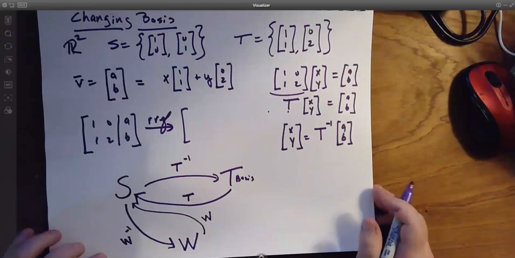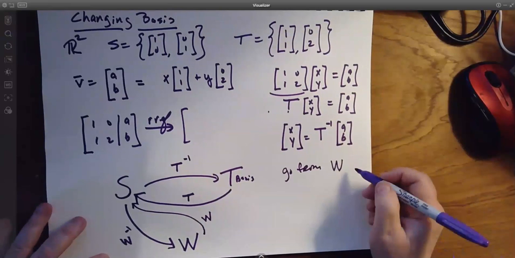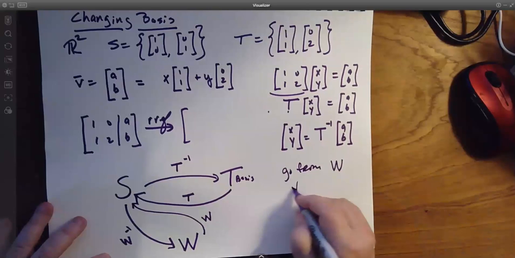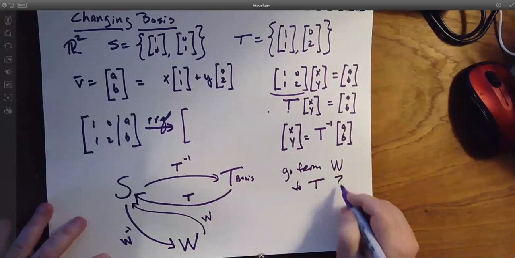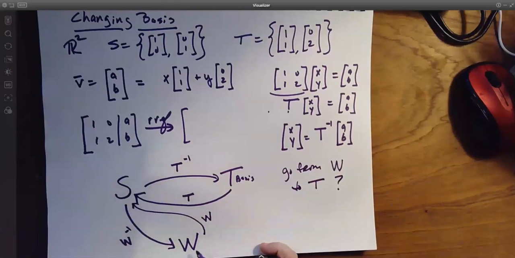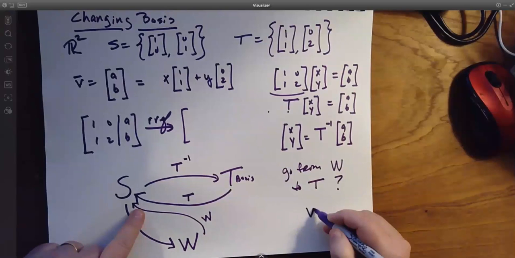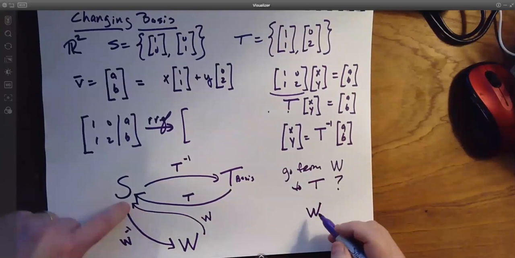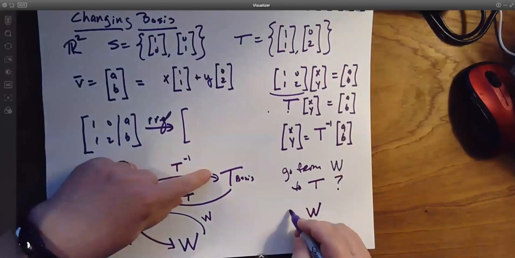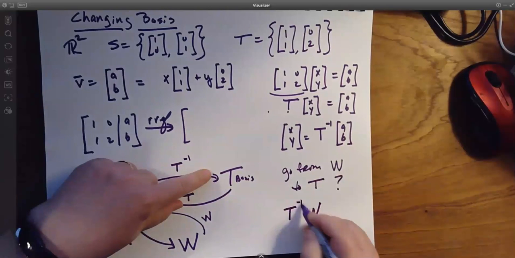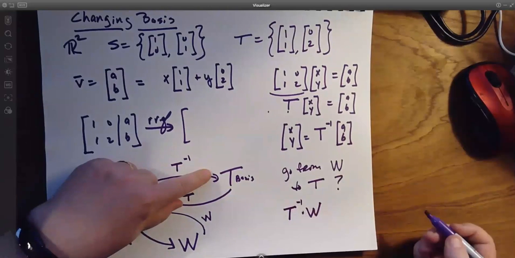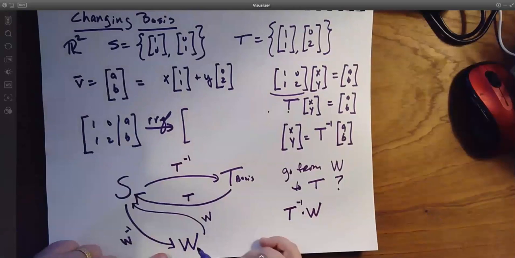So now my question is, how do you go from the W basis to the T basis? If I'm here, follow the arrow, I can go to S by doing W first, and then I do T inverse. Remember we go backwards when we're doing functions, the same as composition. That's how I go from W to T.